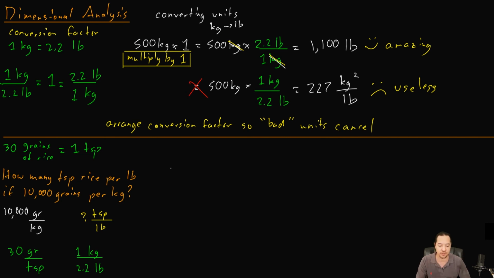So we're going to start out with what the problem tells us, we have 10,000 grains of rice per kilogram. Okay, we're going to try and get rid of grains and replace them with teaspoons, and get rid of kilograms and replace them with pounds. Okay, so whichever one we want to do first is fine. Let's try and get rid of kilograms and replace them with pounds first.